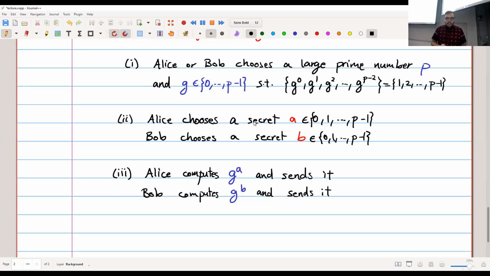And again, as I'm repeating a million times here, all the calculations are modulo P. So when I say I send g to the power of A, I'm actually sending the remainder of the division of g to the power of A by P. Okay, so this is g to the power of A modulo P. I might not write modulo P all the time, but everything is modulo P.